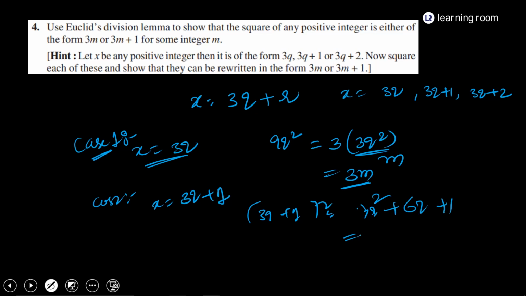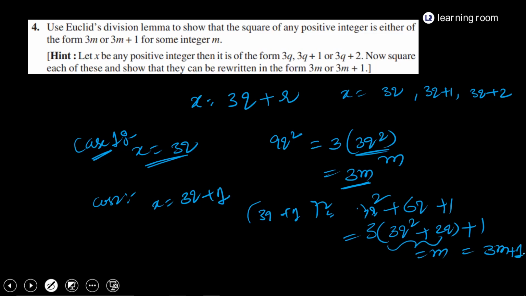Now we need to express it either in terms of 3m or 3m plus 1. So we need to take 3 as common. Then you get 3 into 3q square plus 2q, plus 1. So this 3q square plus 2q can be m. So it is in the form of 3m plus 1.